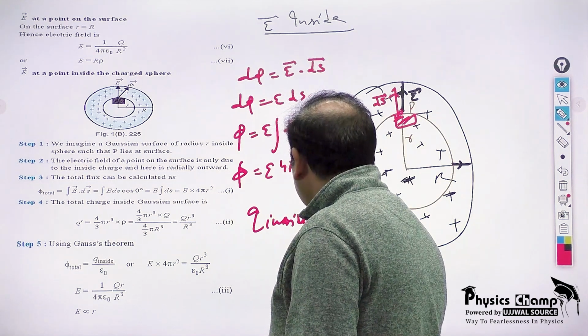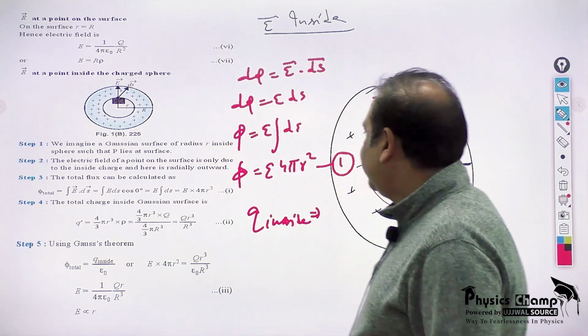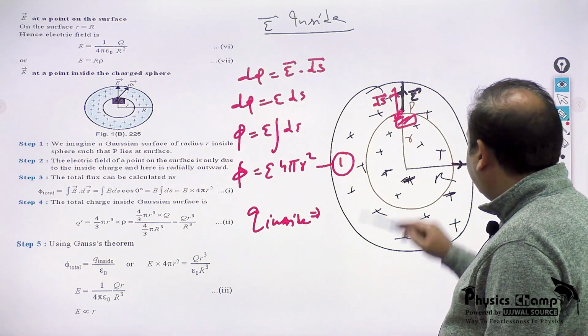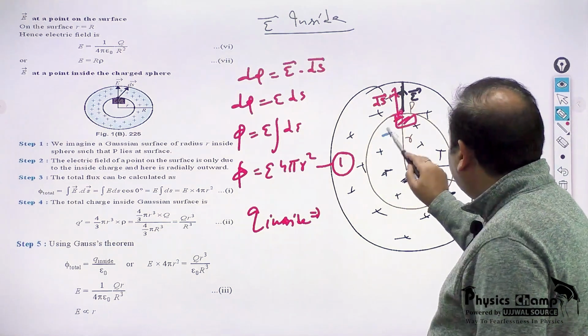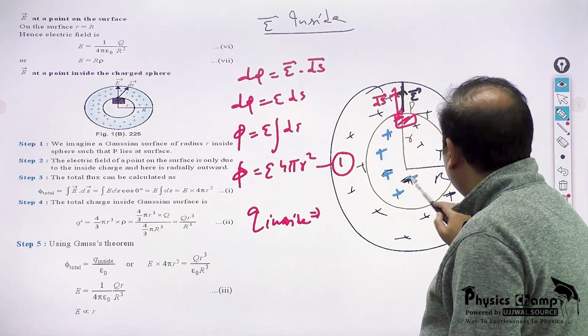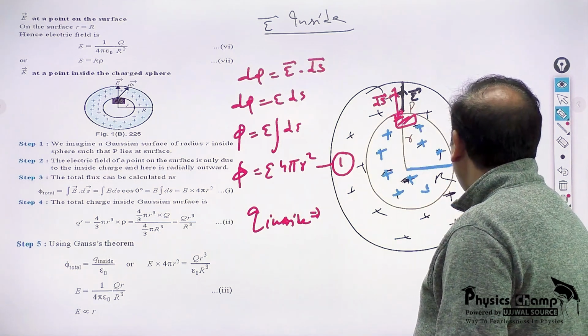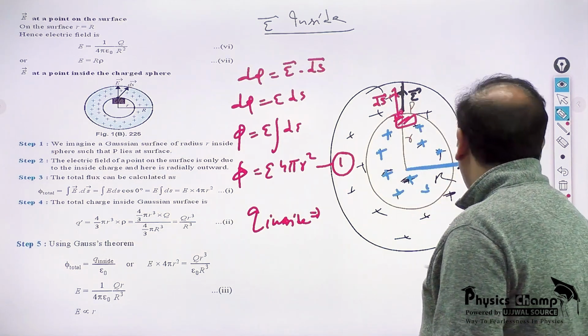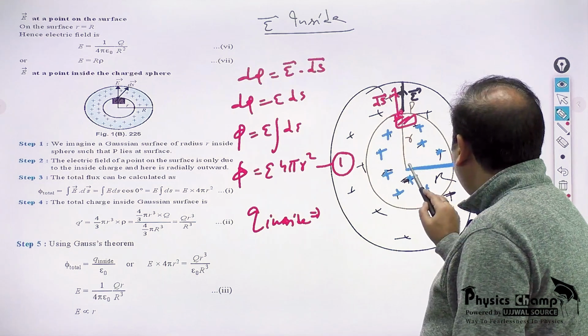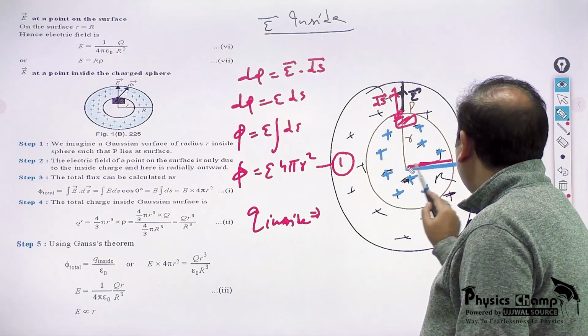Now charge inside in this case is the charge which is within this. It has its own whole radius capital R, but we are only talking about radius small r.